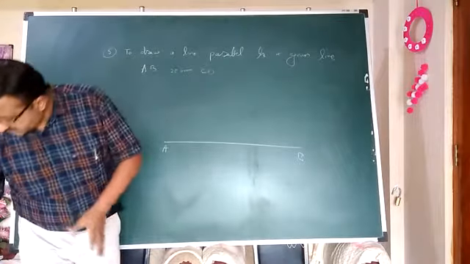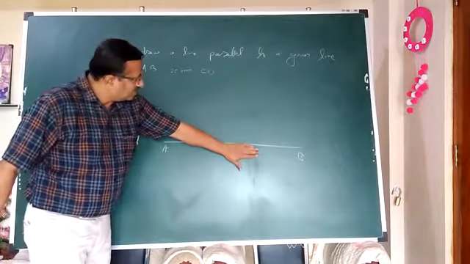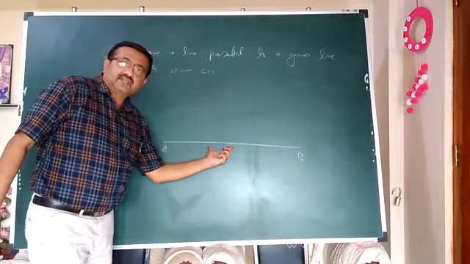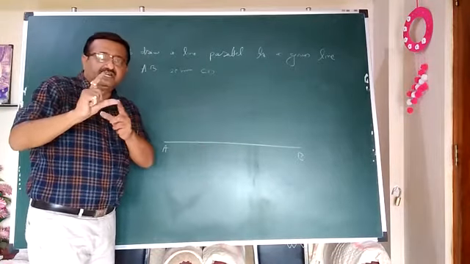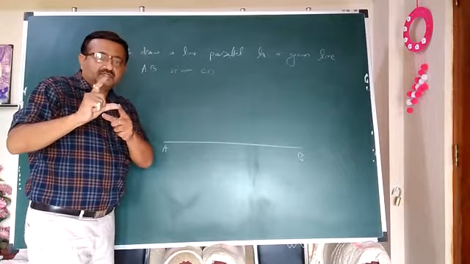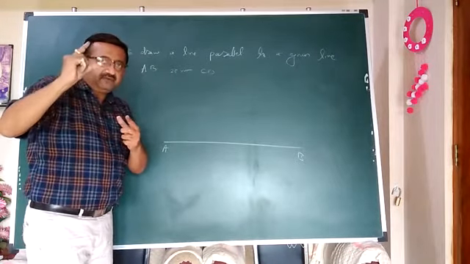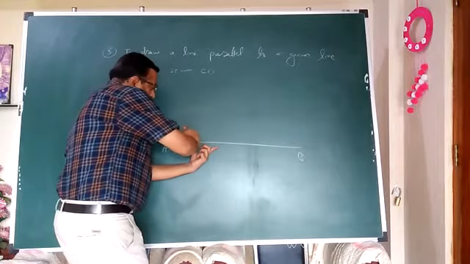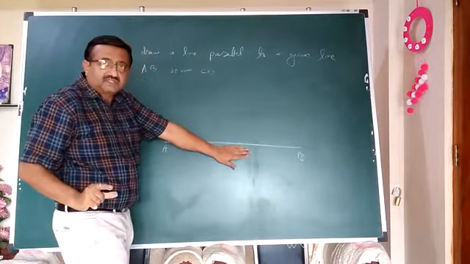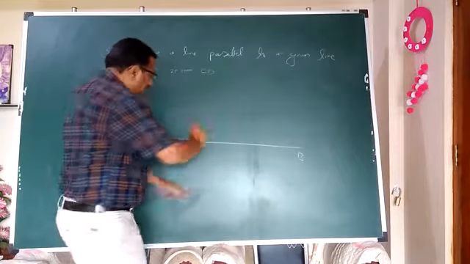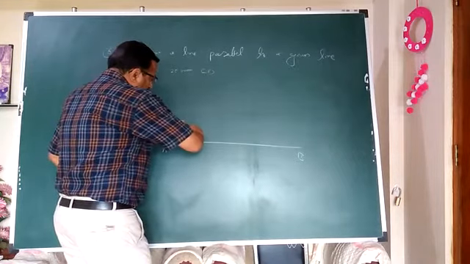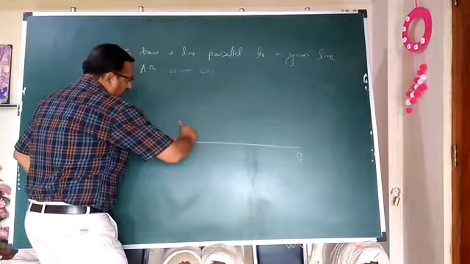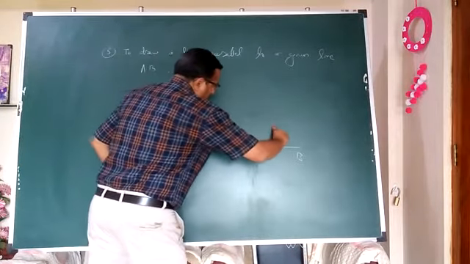Now hold the scale firmly first of all on AB. One scale or set square you should hold over this AB, and that steel tip of the compass, carrying 25 mm distance, you have to just slide over that edge of the set square or the scale, so that in this way we get a 25 mm departed line automatically.